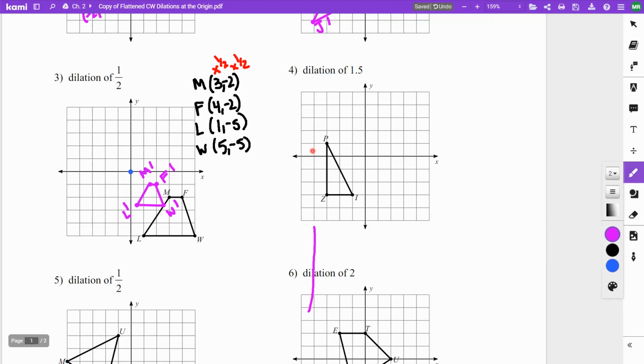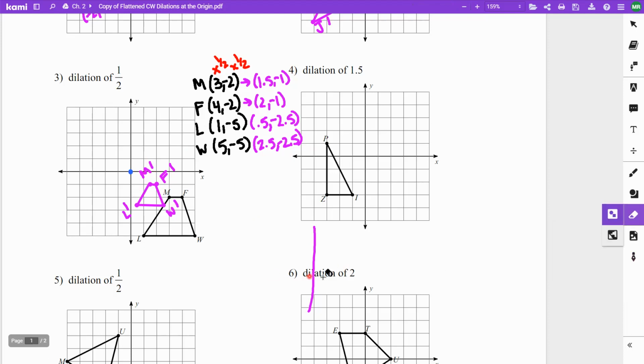When I do, this would have been 1.5 comma negative 1, 2 comma negative 1, 0.5 comma negative 2.5, and 2.5 comma negative 2.5. And you can see those coordinates match up.